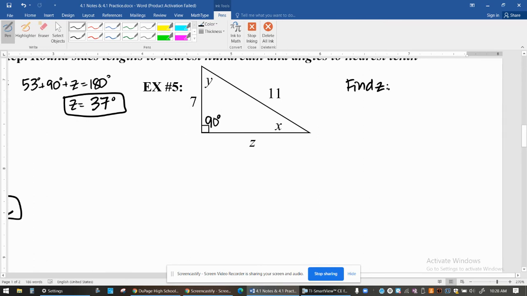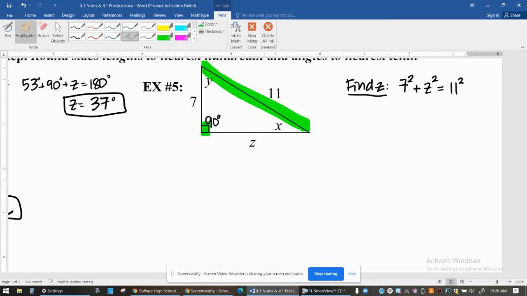Again, if you would rather solve this in alphabetical order and find x first, go for it. All right, so the Pythagorean theorem says that the two legs squared and added will equal the hypotenuse squared. So remember, the hypotenuse is across from the 90 degrees, okay? So this is my hypotenuse.